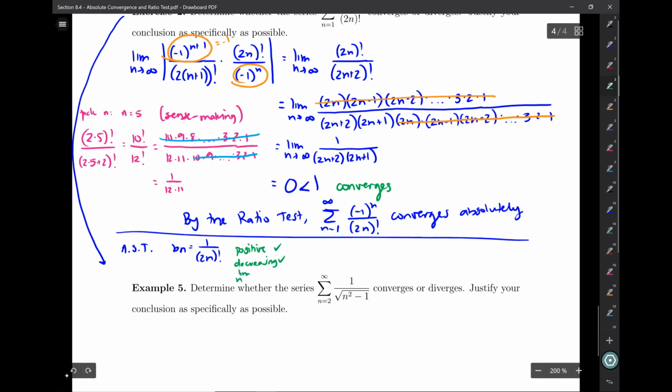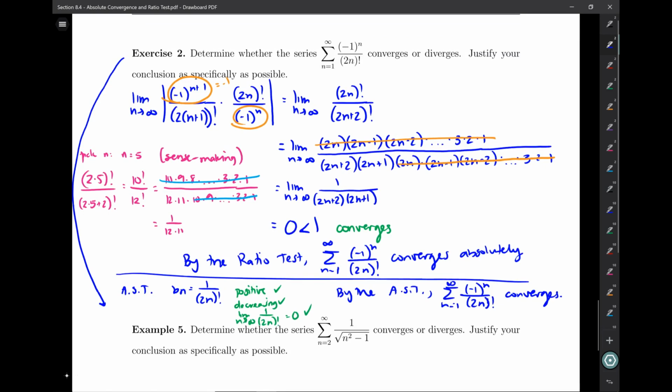And we know that the limit as n approaches infinity of 1 over 2n factorial equals 0. So by the alternating series test, this series converges.